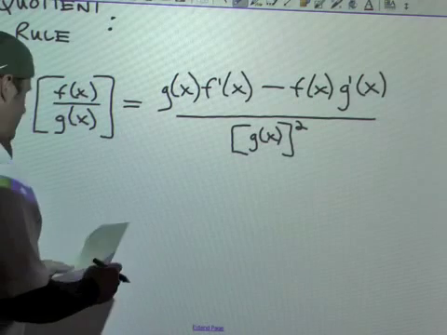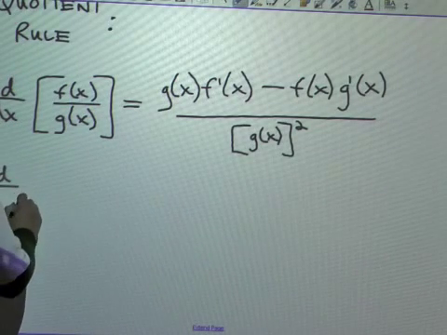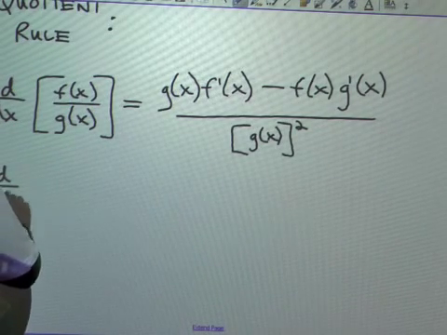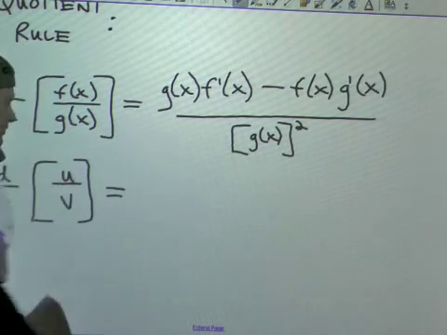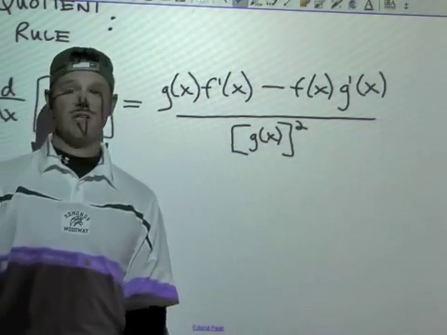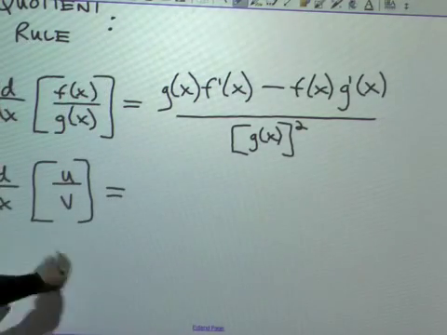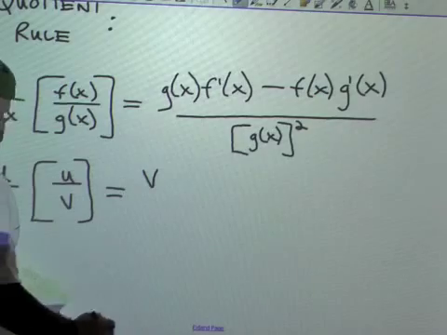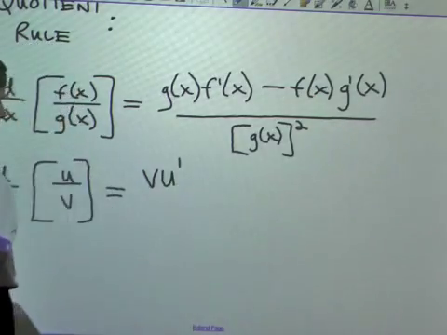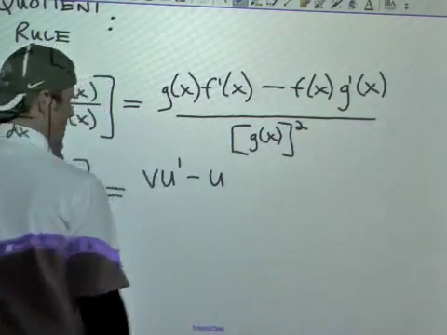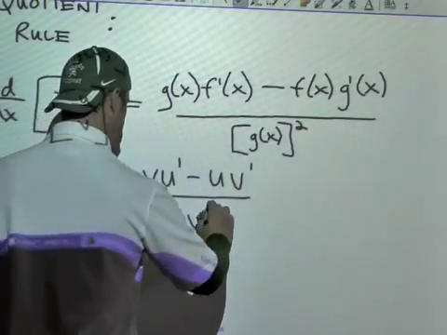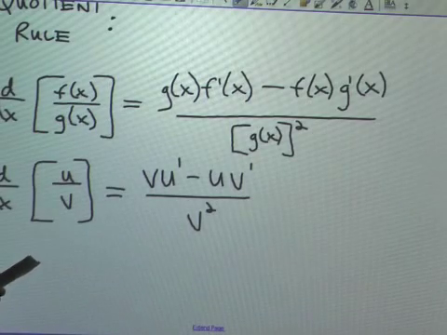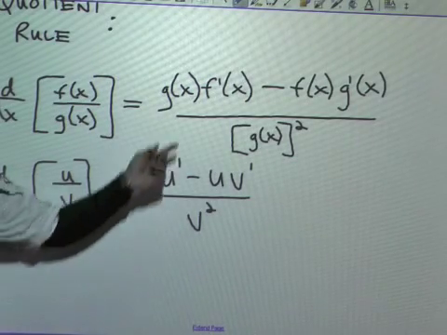Another version of this that you'll see is that the derivative with respect to x of u over v, so instead of using f of x and g of x, we use u and v. That's the bottom, v times the derivative of the top, u prime, minus the top, u times the derivative of the bottom, v prime, all over the bottom squared. So that formula means the exact same thing as the other formula.